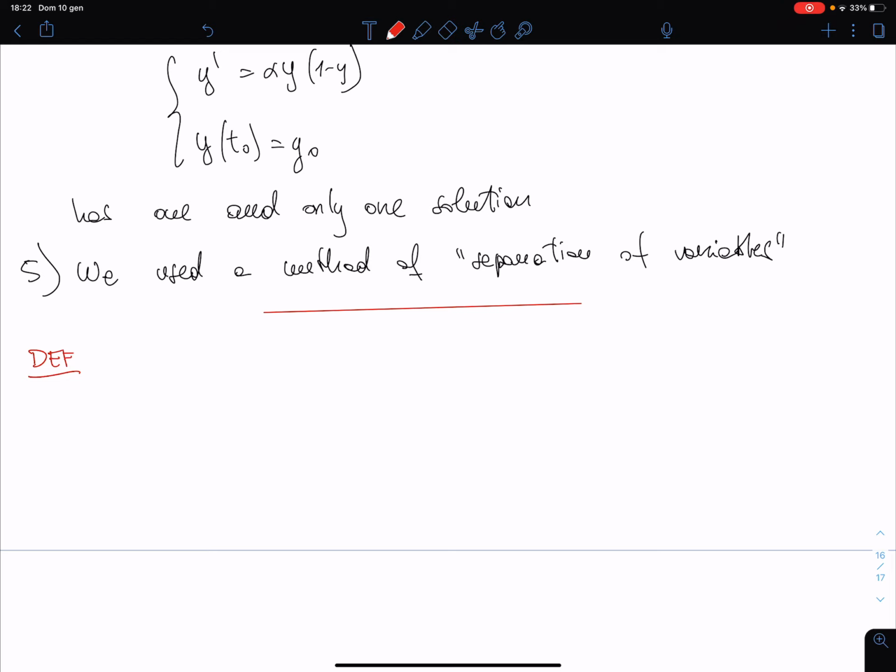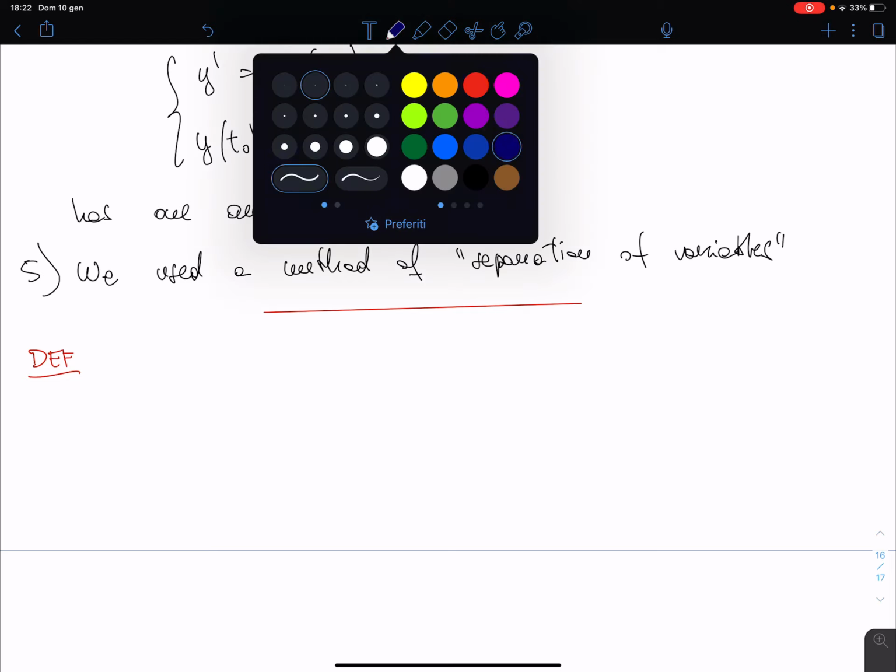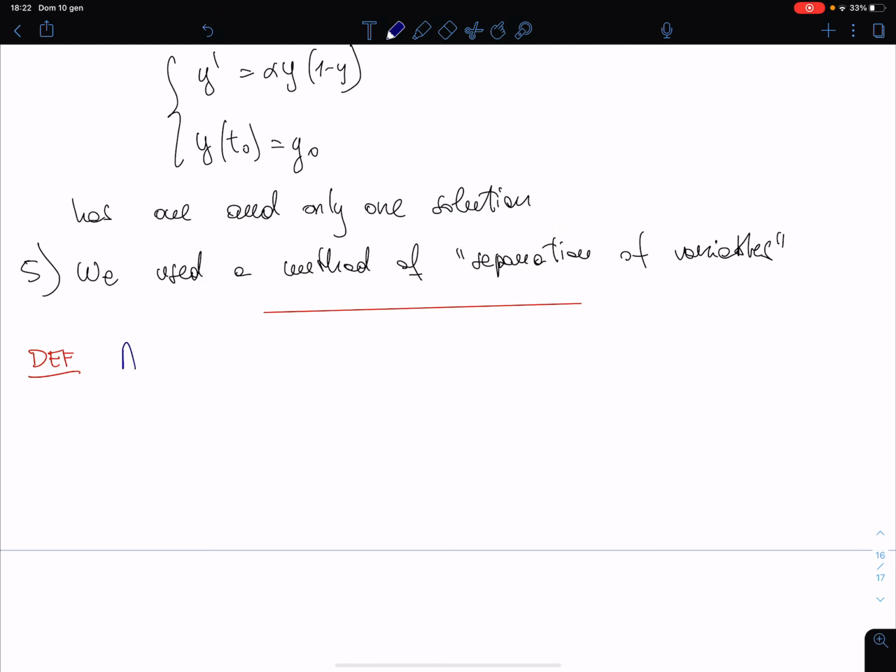So what is a differential equation? A differential equation is an identity. Every equation is an identity.